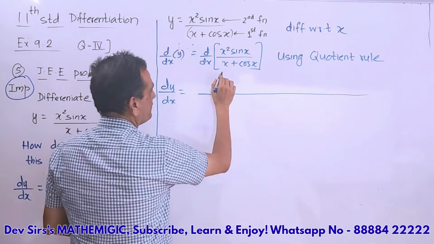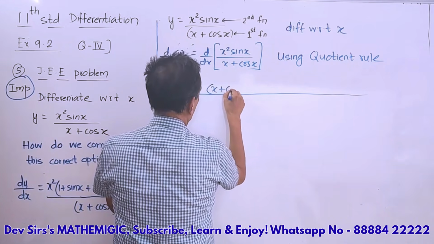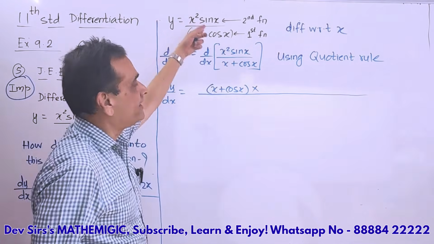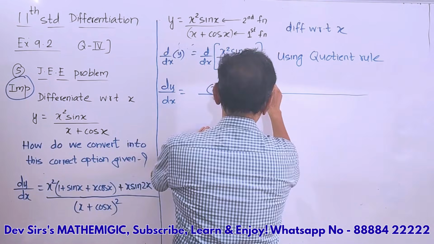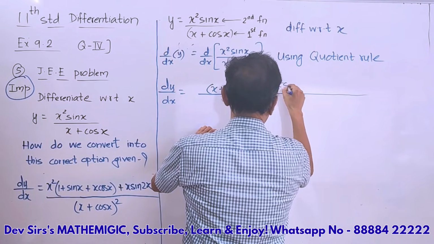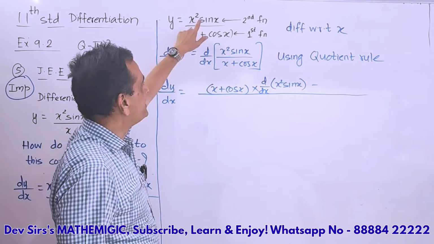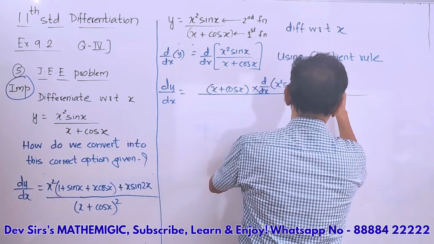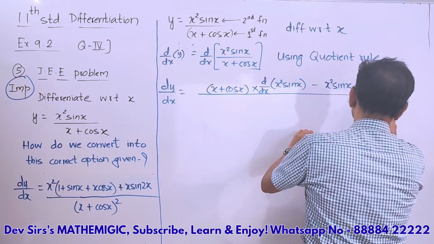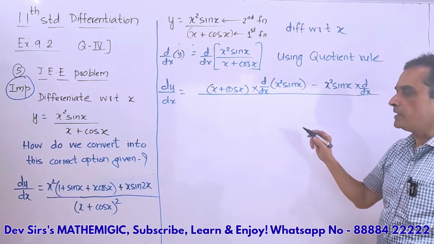Okay, so first function is x plus cos x, denominator, into derivative of second, that is d by dx of numerator, minus second function, that is numerator, into derivative of denominator.